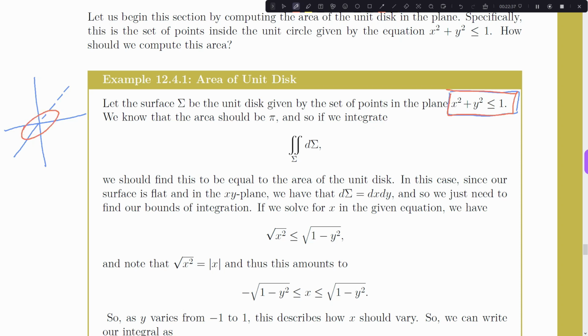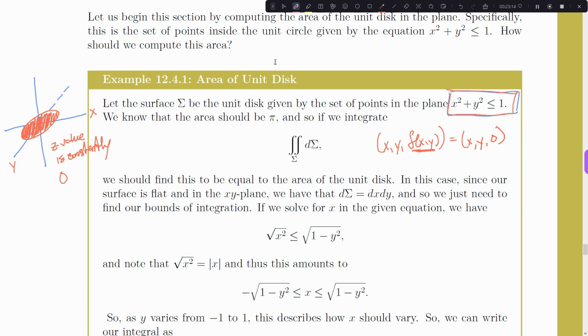In R3, this is your xy plane, and it just sits inside of there like that, which means the z value is constantly 0. So really our graph here is x, y, f of x y, but f of x y, which is our z value, is in fact 0. So it's x, y, 0.